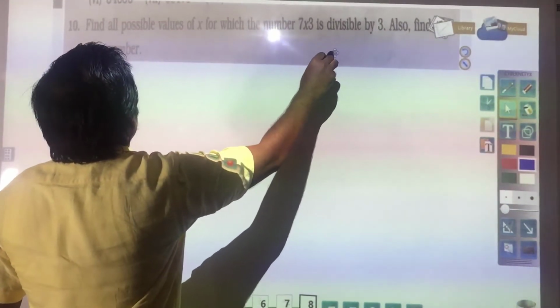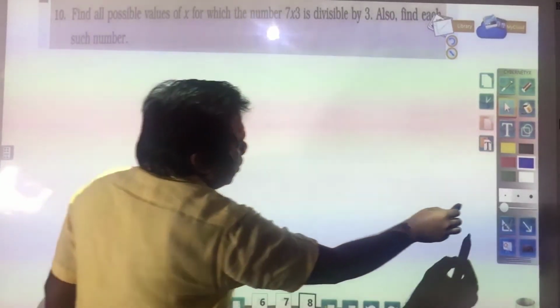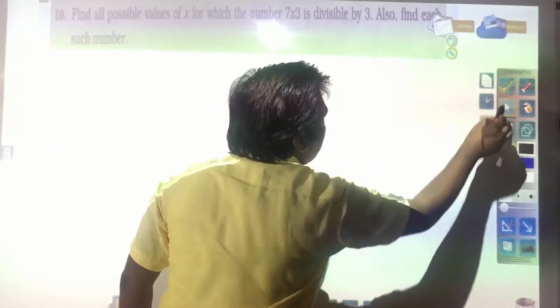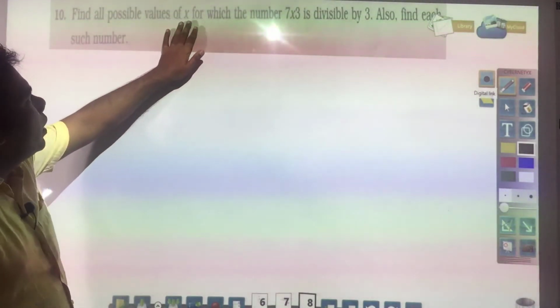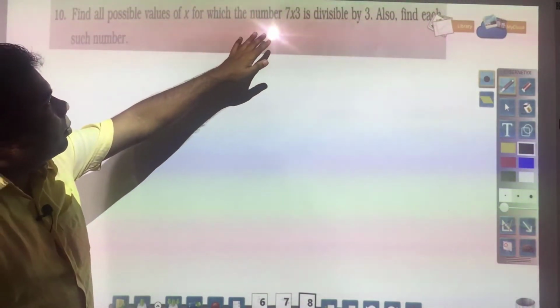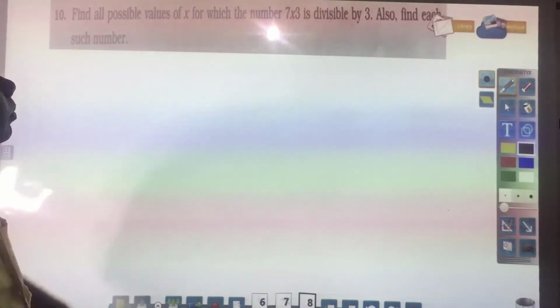Here you see the question: find all possible values of x for which the number 7x3 is divisible by 3.